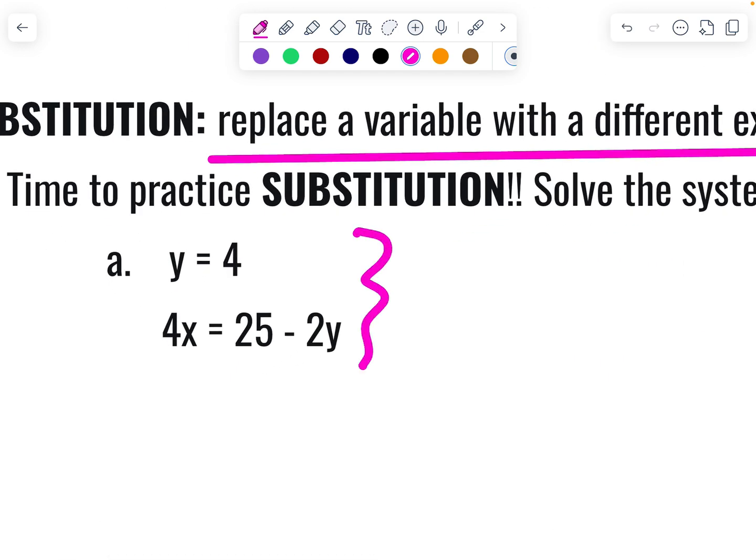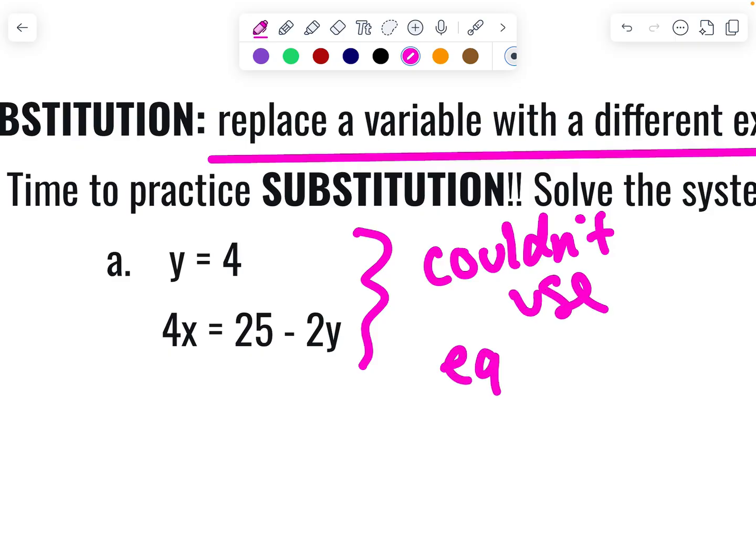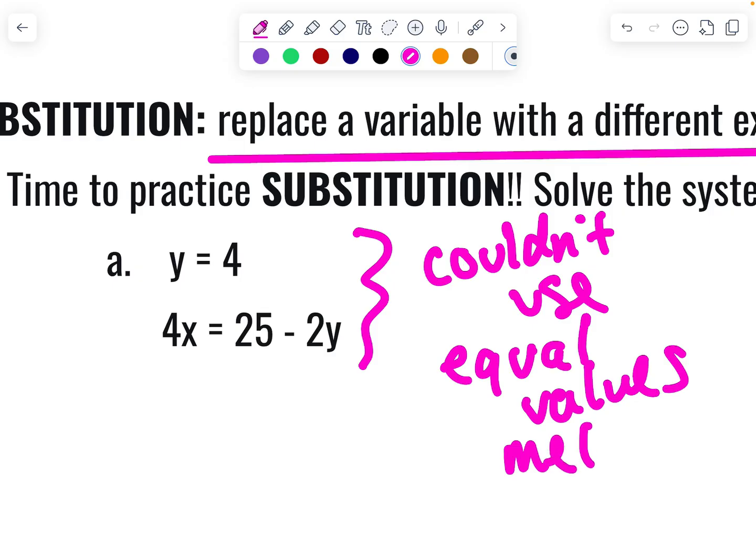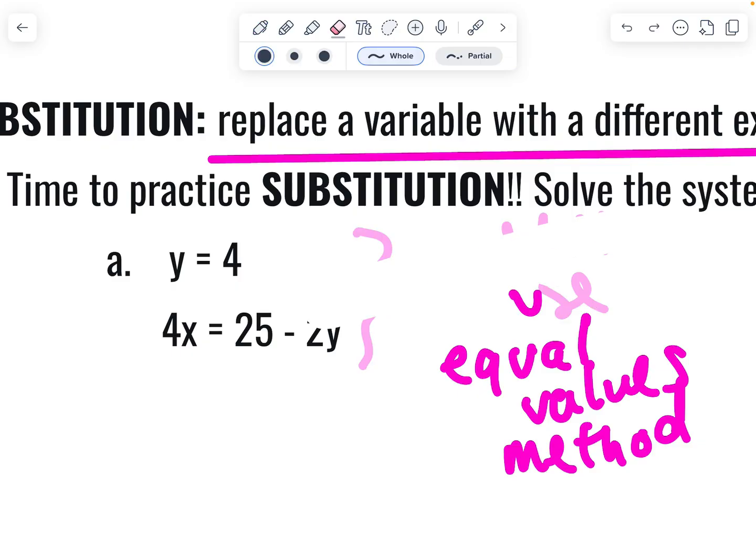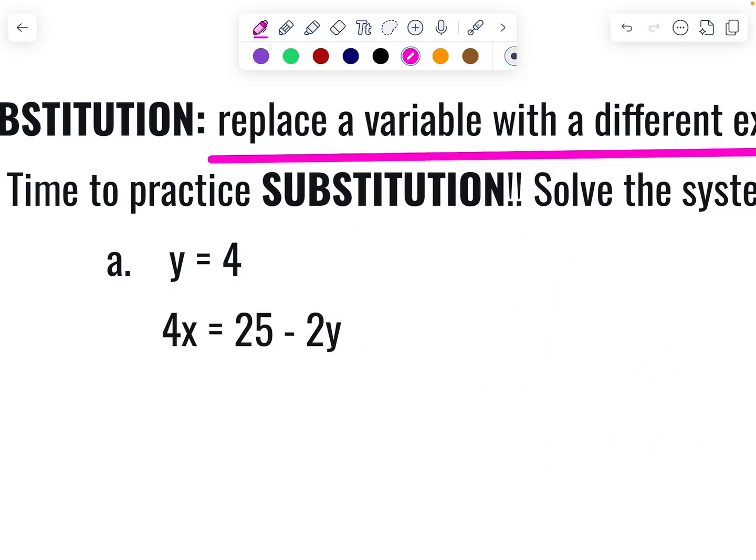Notice how in this kind of problem, you couldn't use the equal values method, right? One of them's equal to y, one of them's equal to 4x. Those are not the same thing. So we have to use something called substitution.